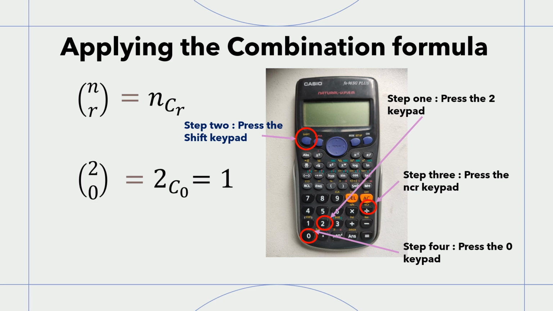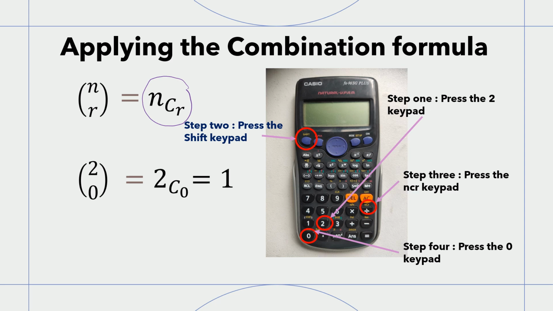Alright, so let's look at all these steps here. Depending on the brand of calculator you're using, even if you're not using the same as mine, I think you should be able to see this nCr pad on your calculator.